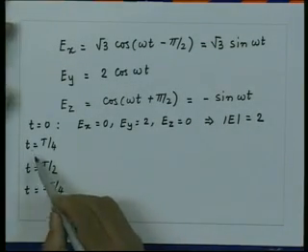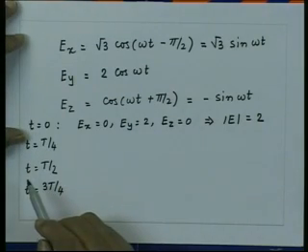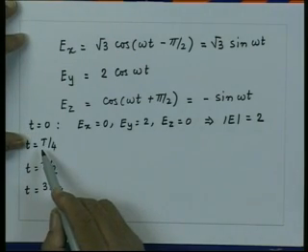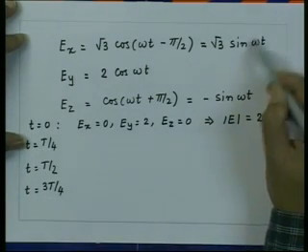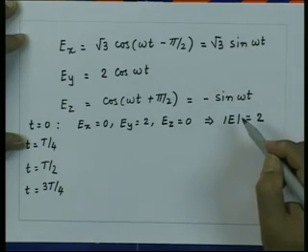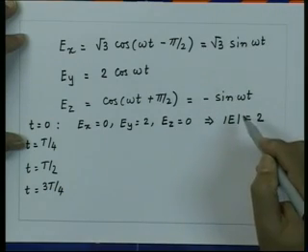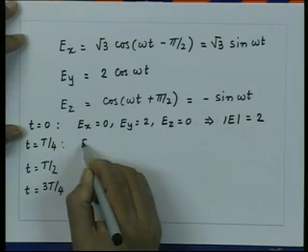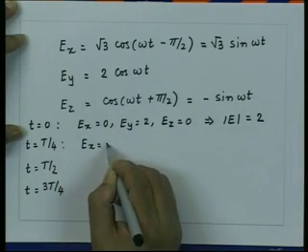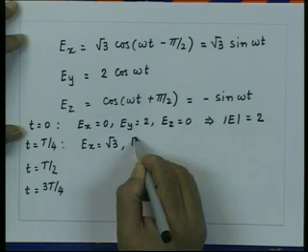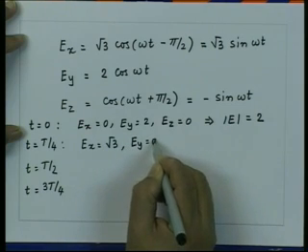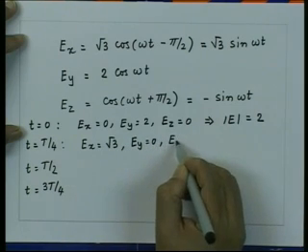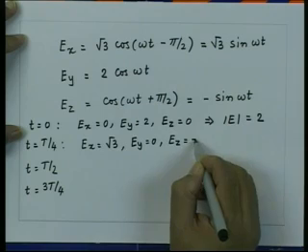If I go after a quarter period, which is T by 4, then this quantity will be plus 1, this will be minus 1, and this quantity will be 0. So you will get E x equal to root 3, E y equal to 0, and E z equal to minus 1.